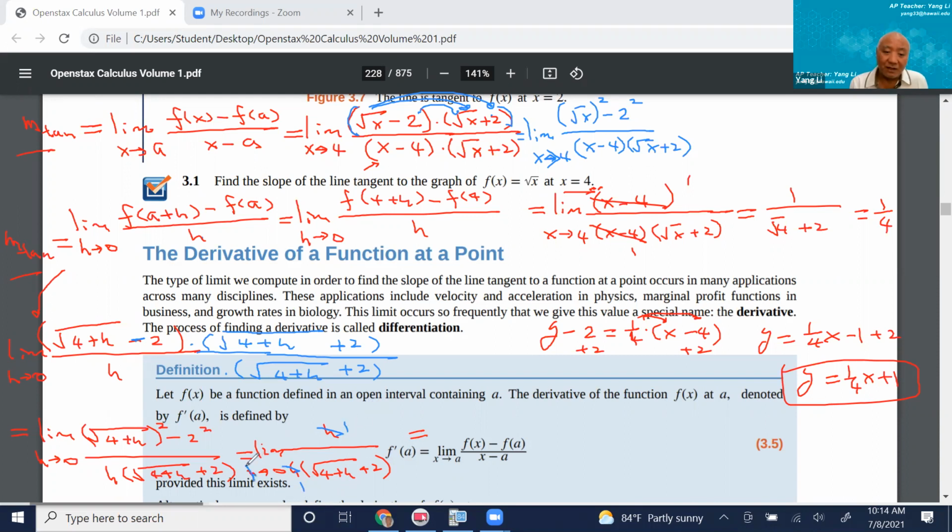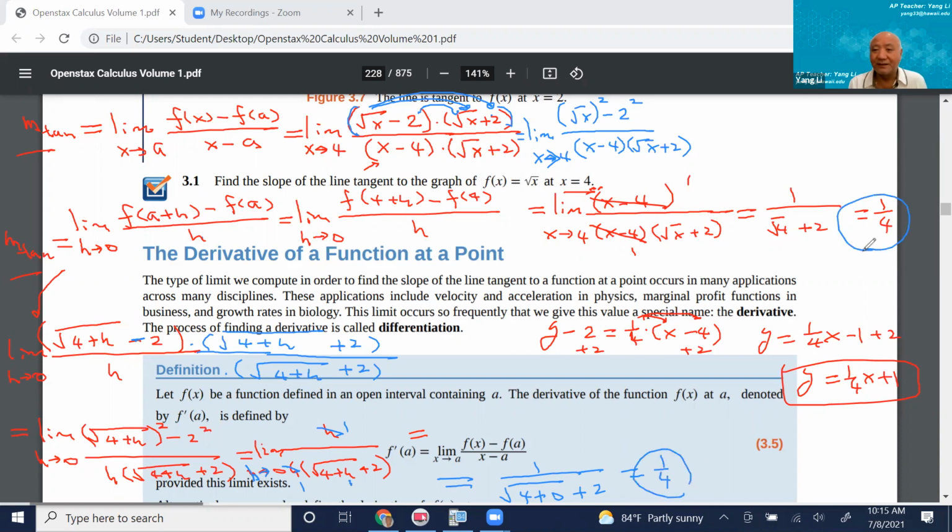And then we make h approach 0. So you will get 1 over the square root of 4 plus 0, plus 2. And then the square root of 4 will be 2. 2 plus 2 is 4. So that's 1/4.